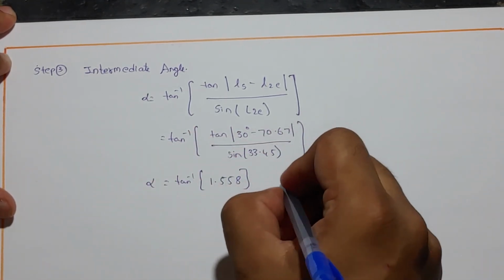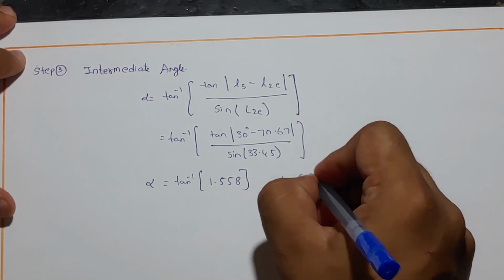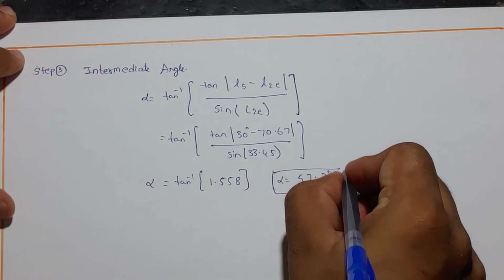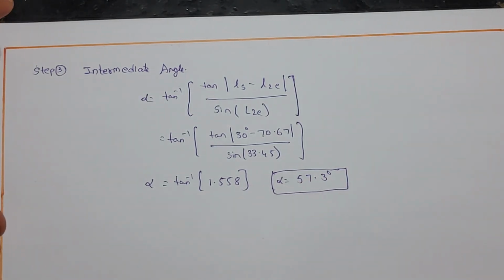Tan inverse of 1.558 is equal to 57.3 degrees. So in this way we found the intermediate angle.